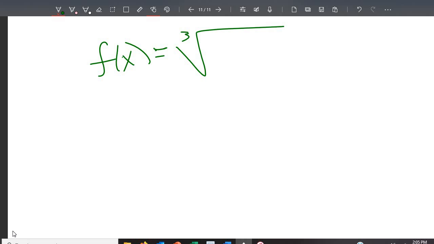Let me do one more of those. So let's say f of x was equal to the cube root of x minus 17.